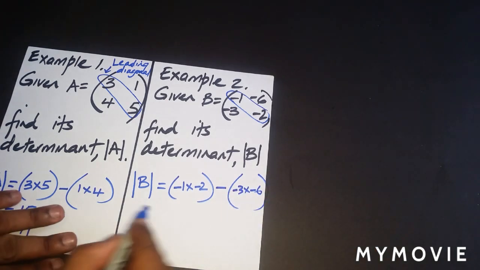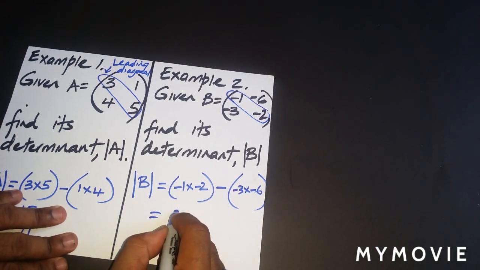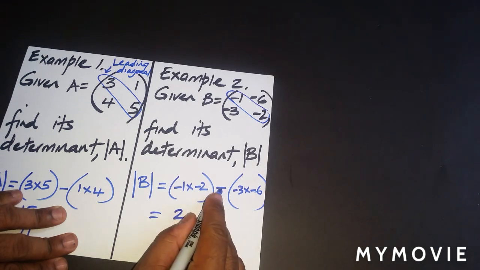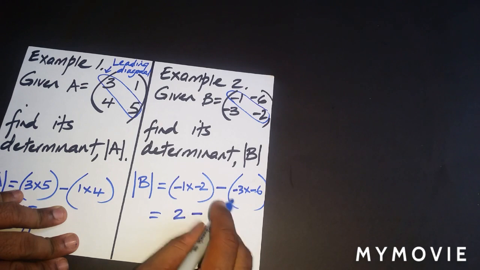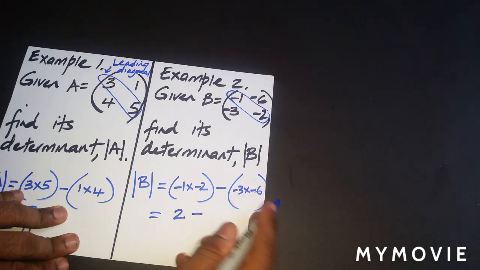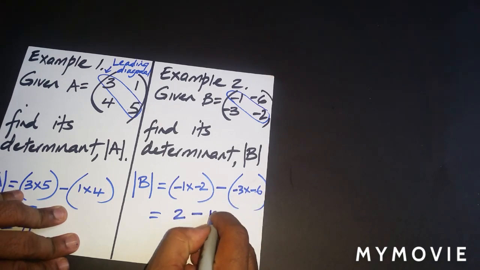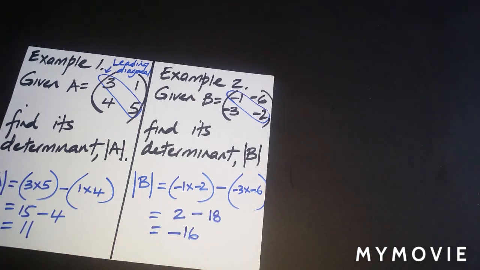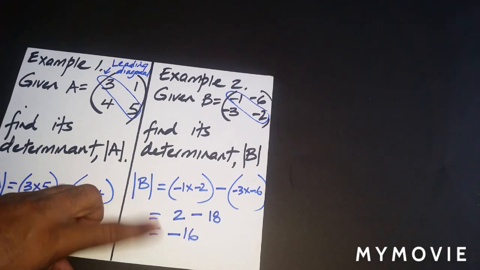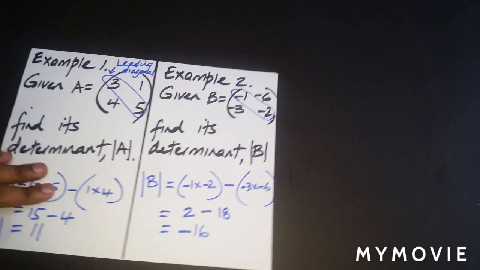All right, so this would be equal to -1 times -2 is 2, minus, and be careful of this minus and other negatives in the bracket. So it's minus, and of course negative 3 times negative 6 would be positive 18. So 2 minus 18 is negative 16. So the determinant of matrix B is equal to negative 16.